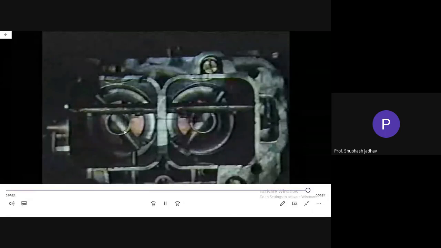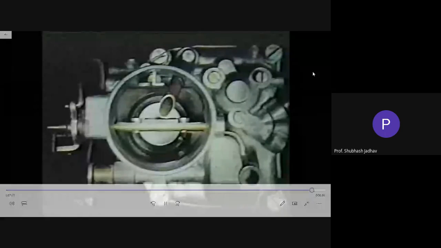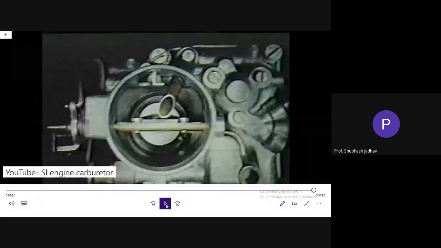This is a barrel carburetor. Okay, so that was how the carburetor was working.